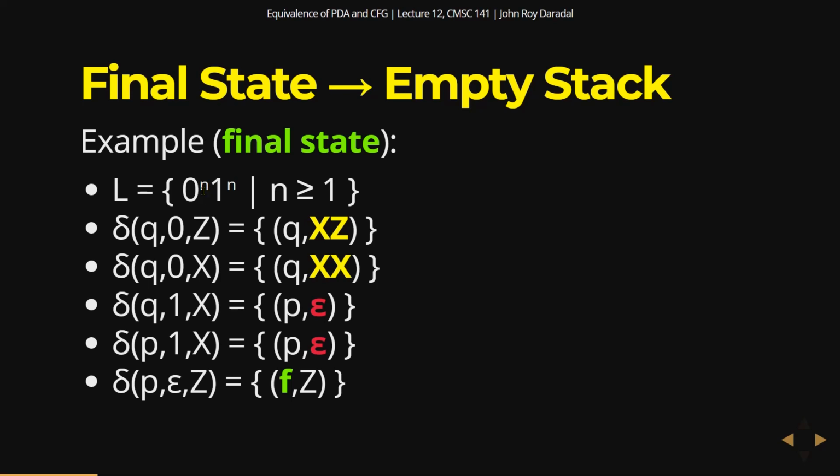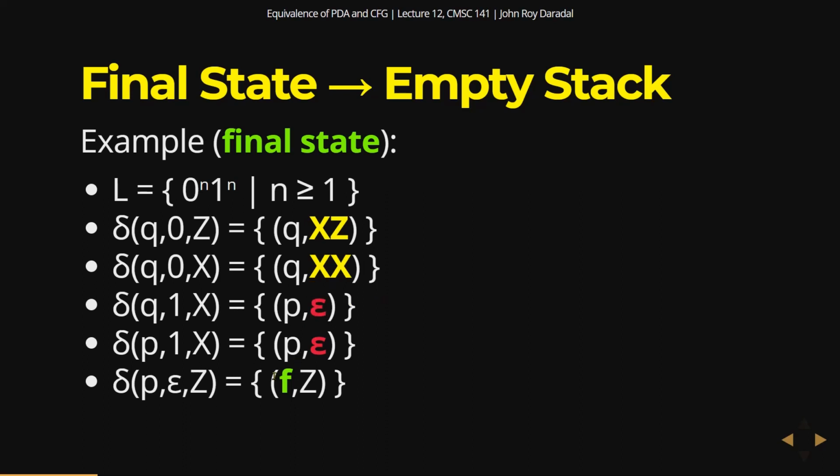It's the PDA for 0^n 1^n. Remember that the idea for this was to push zeros on top of the stack: push a marker X on top of the stack when you see a 0, and when you see a 1, then you pop off that marker, right?